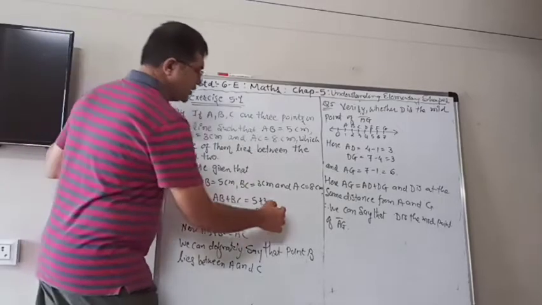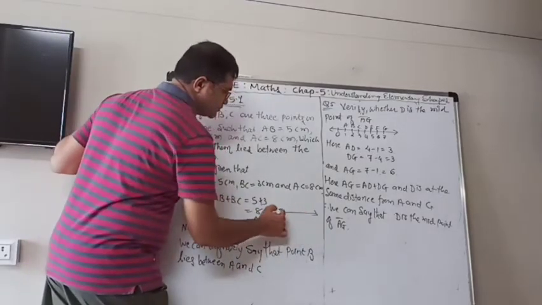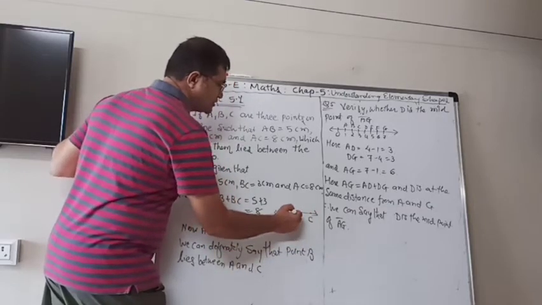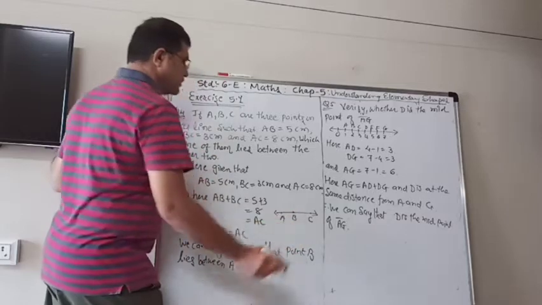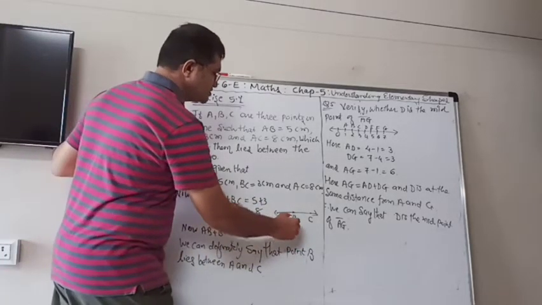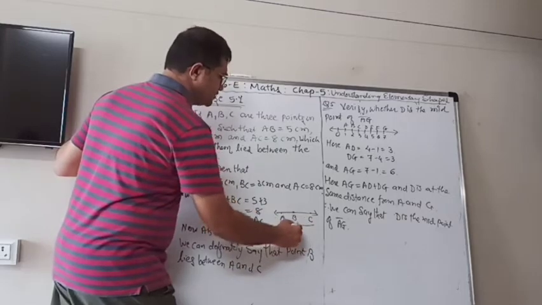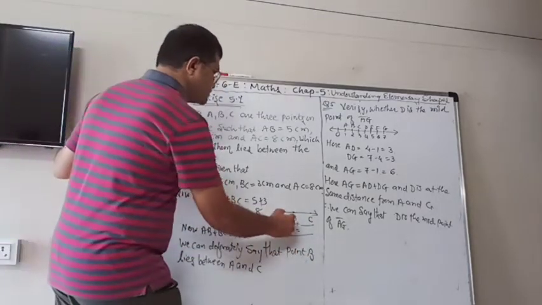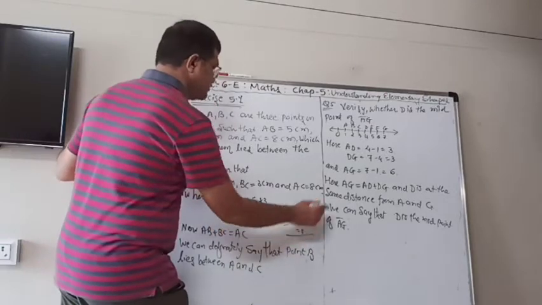So now if you draw like that, then AC is the biggest, so obviously B must be in the middle. Then and only then, when we add this plus that, will it give you the whole amount. Means 5 plus 3 will give you 8.